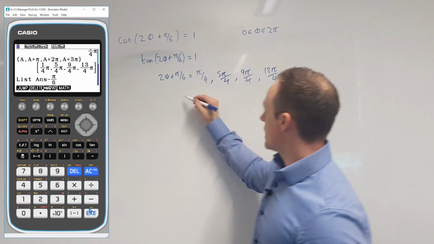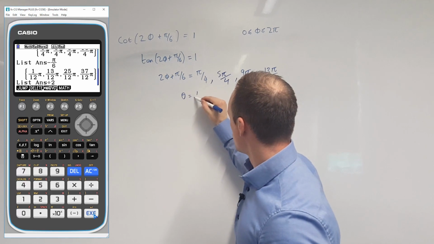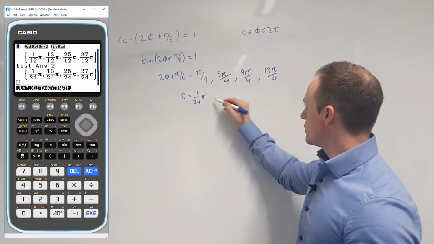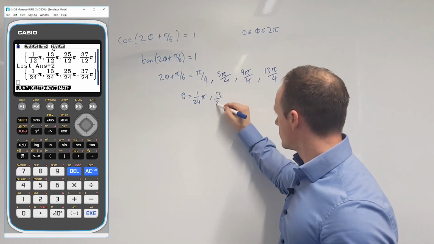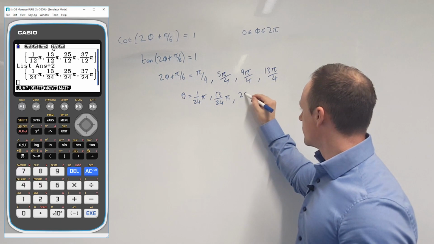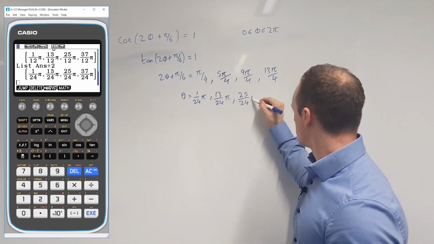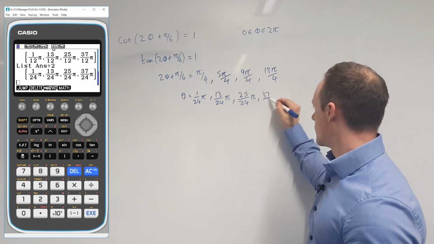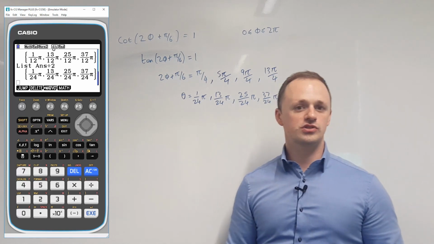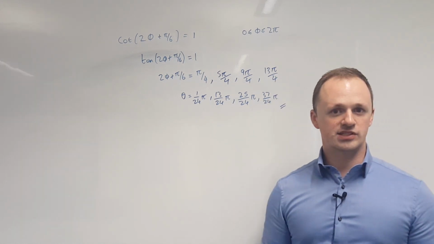If you do that, we're going to get phi equals 1 over 24 pi, 13 over 24 pi, 25 over 24 pi, and 37 over 24 pi. And they are our 4 solutions given as exact values.